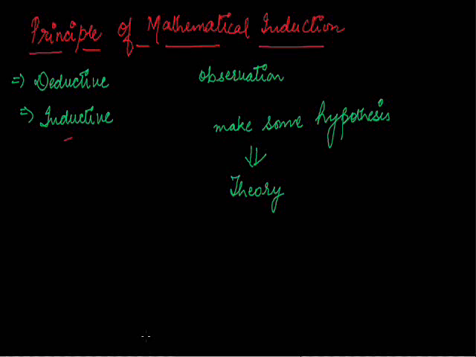If you throw something up in the air, it will come back the first time. Even if you throw it again, the second time, it will come back again. On the basis of this we see a pattern, then we make a tentative hypothesis, and on the basis of that hypothesis we make some theory.